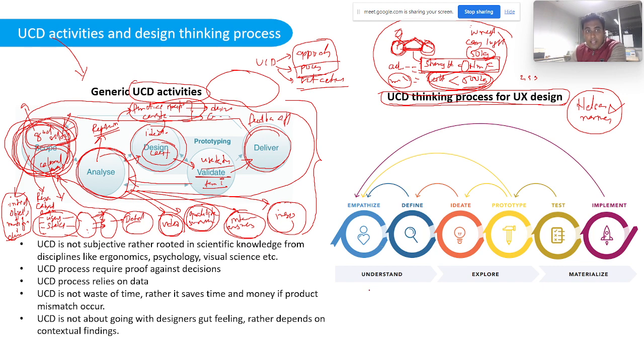Now they said the user-centric design process for UX design can be broken down into three main phases: understand, explore, and materialize. Same as scope and analyze, then explore, probably design and validate, then materialize, probably deliver.